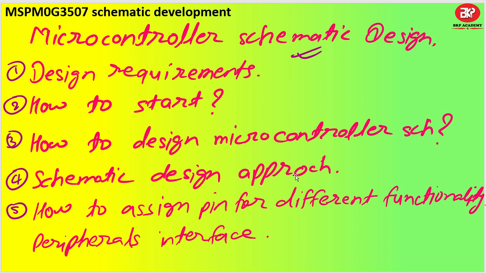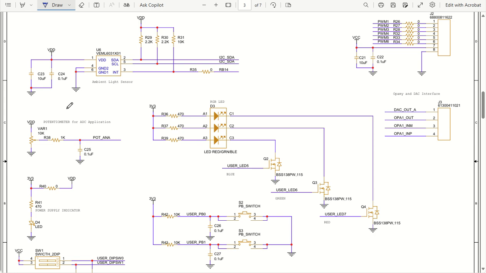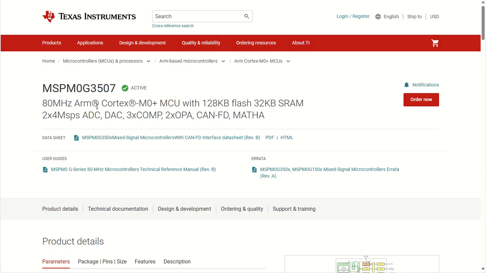Let's go to the TI website. As you can see, this MSPM0G series is up to 80 megahertz ARM Cortex M0 plus. This is the lowest speed you can consider.